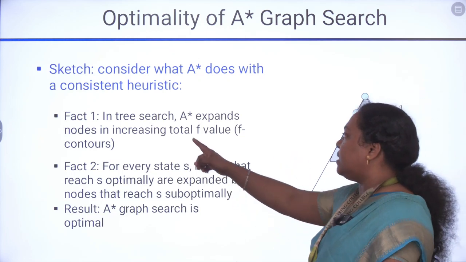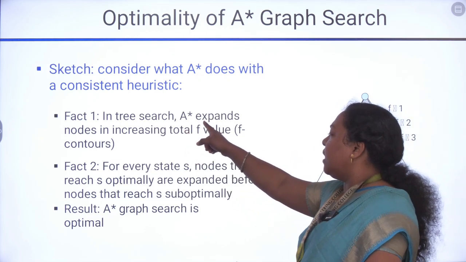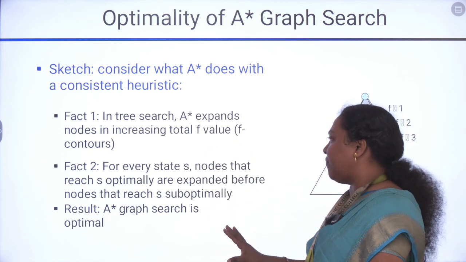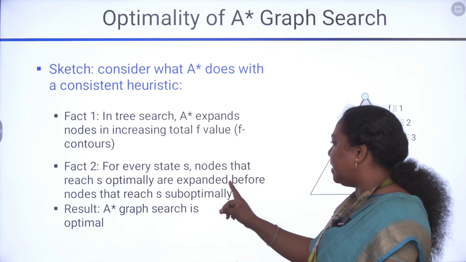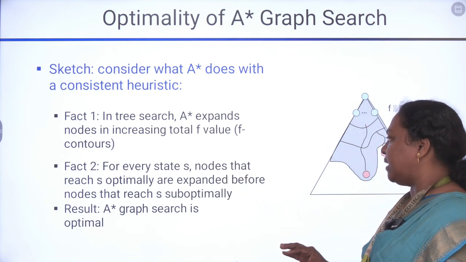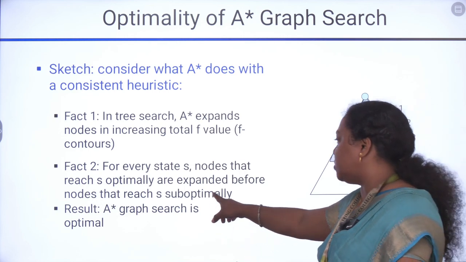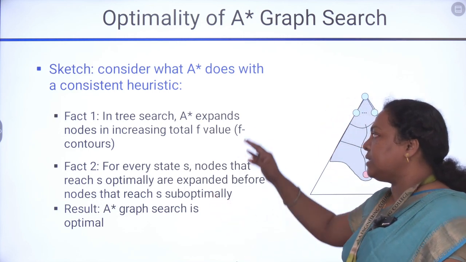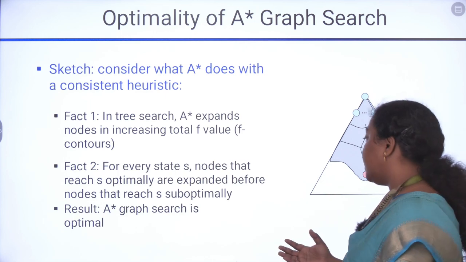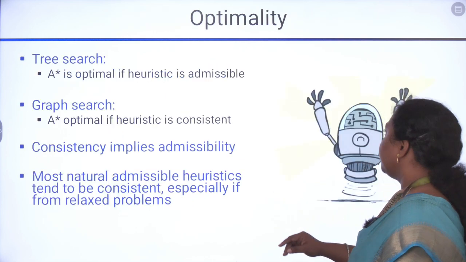Fact one is that in tree search, A star expands nodes in increasing order of total f value. Fact two is that for every state s, nodes that reach s optimally are expanded before nodes that reach s suboptimally. As a result of these two facts, A star graph search is always optimal.